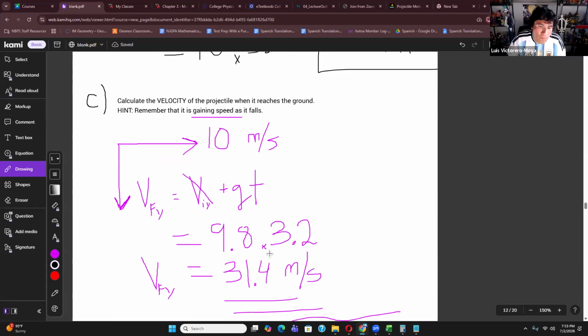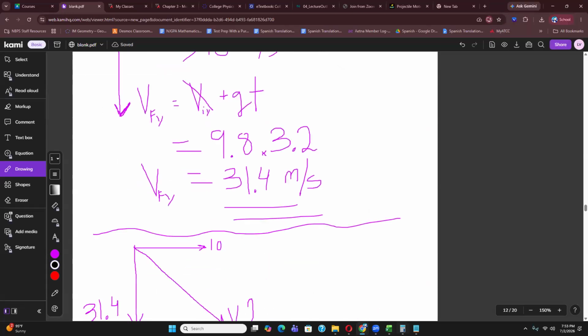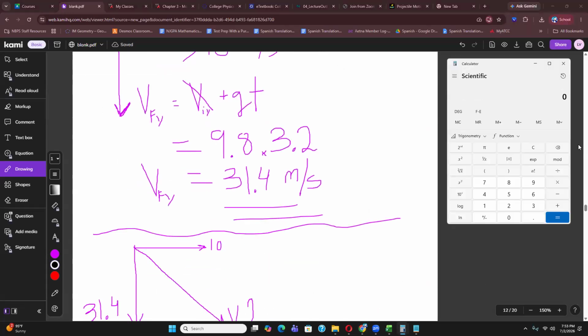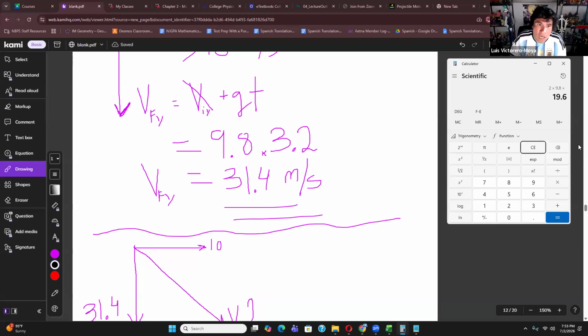It might have been a miscalculation on my part, but should the answer be the same? What gravity do you use?